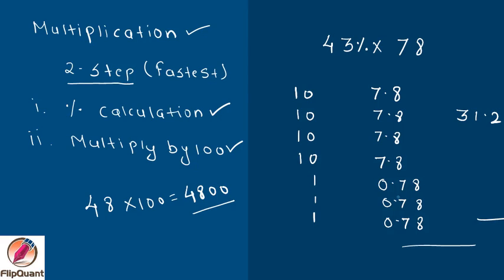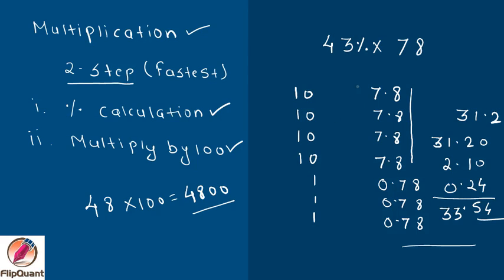In place of writing, you can calculate mentally: consider it as 0.70, and adding 0.70 three times gives 2.1. Our previous answer was 31.2 for those 4 tens, then 2.1 for the 0.7, and 0.08 three times becomes 0.24.